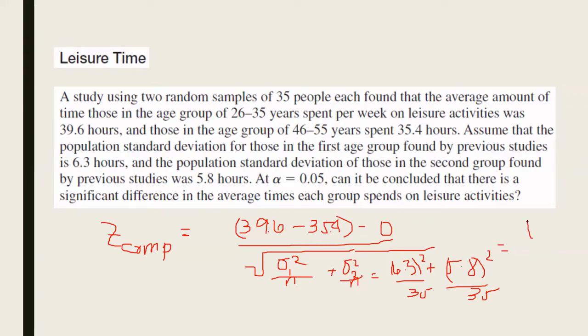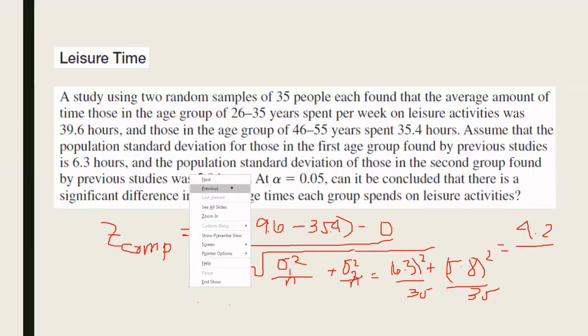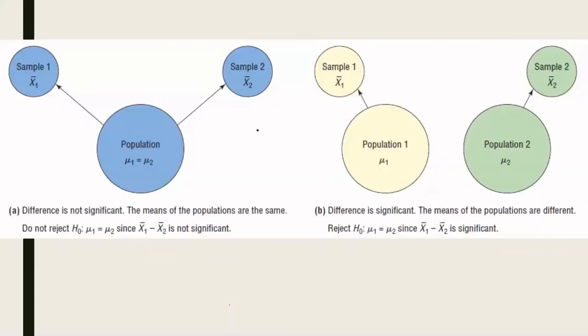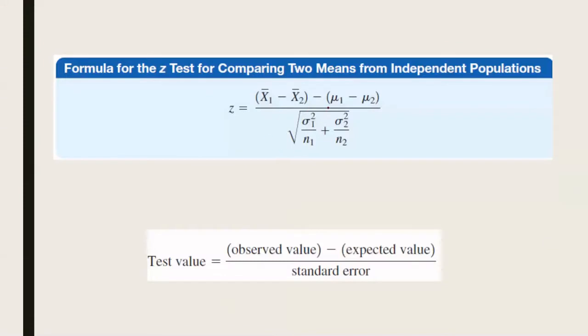So we have 4.2, the numerator. And you can also help me compute, if you want to. I forgot. It should have been the square root. Yes, that's the correct formula.